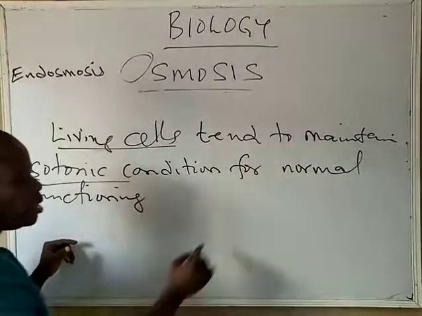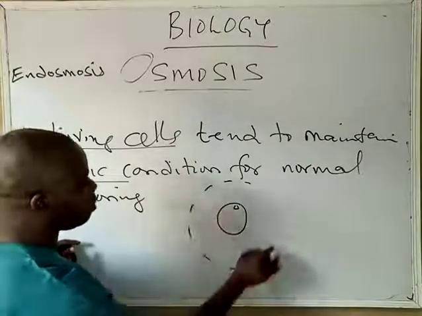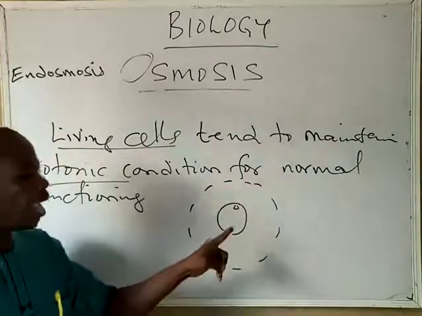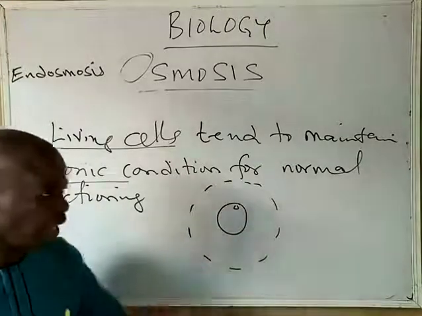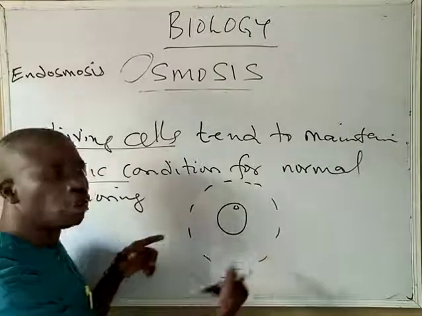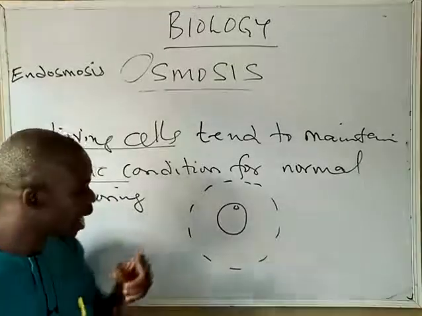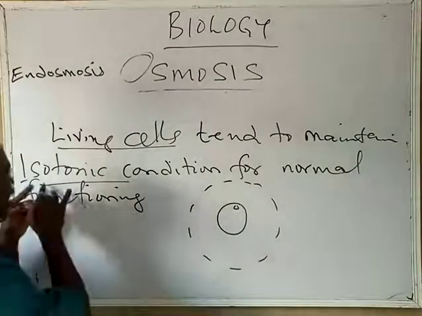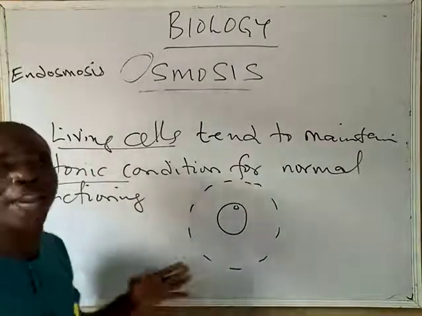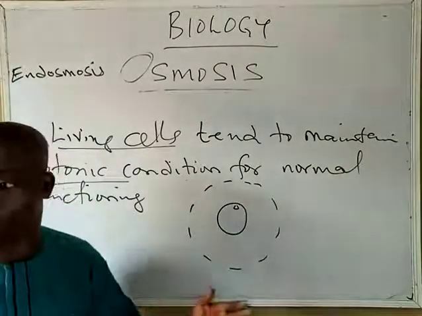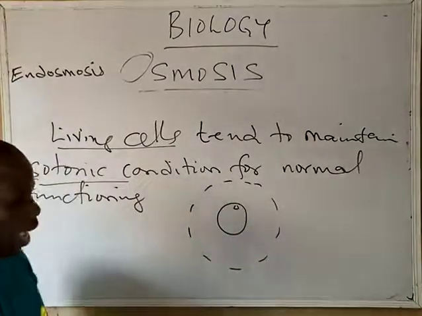And that is why if between a particular cell and its environment there is a concentration gradient, or if there is osmotic pressure being developed, then there must be osmosis to bring about a balance. Most cells will do well when there is an isotonic condition. So all cells will tend to allow for movement that will create equal concentration of water molecules within and without.